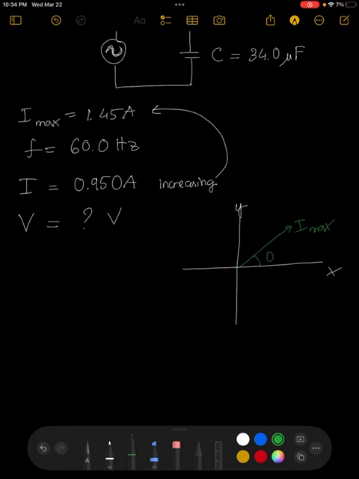And we have the angle theta here, and we also have Vmax. Vmax is Imax multiplied by X of C. Okay, the angle here is 90 degrees.